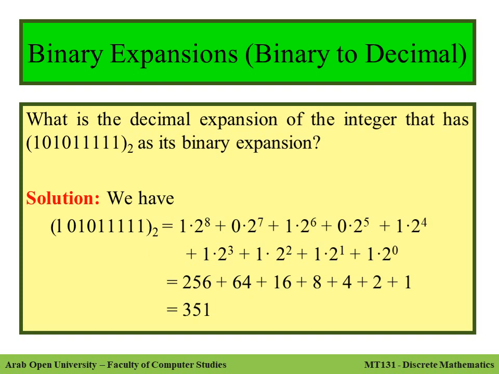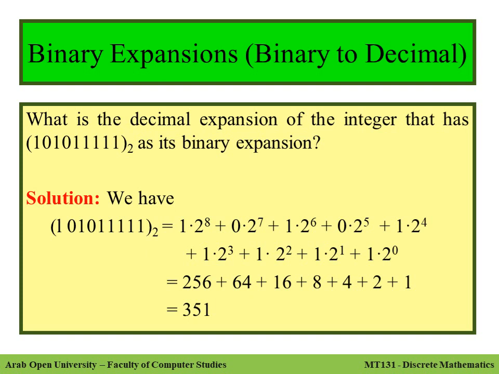You know that the base is 2. Every digit is multiplied by a power of 2, depending on the location. Starting with the 9th location, this is power 8. The next one is 7, 6, 5, until you reach the 0 power, which is the digit to the far right. For the next step, you evaluate.